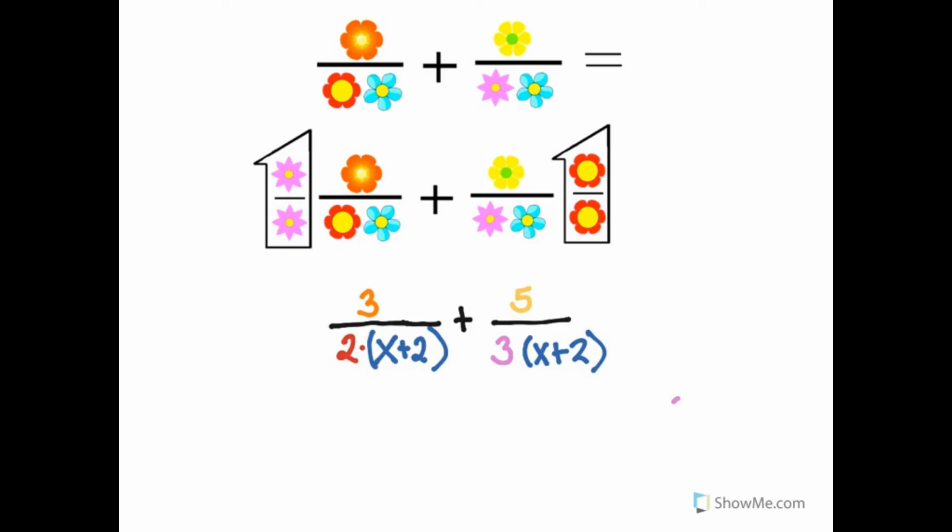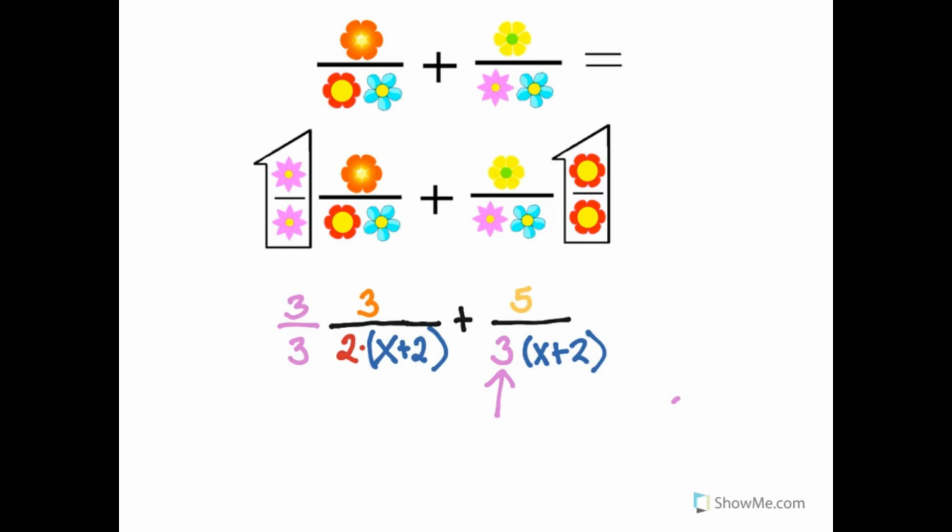For example, 2 times x plus 2 and 3 times x plus 2 are not common denominators. But all I need to do is multiply the first one by the thing in the second denominator that it doesn't have.